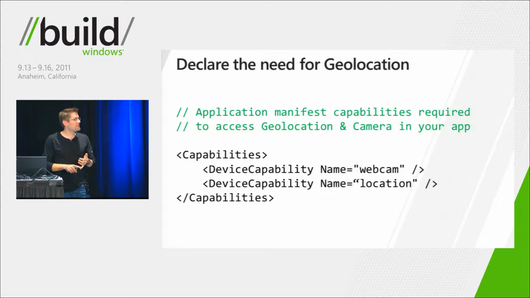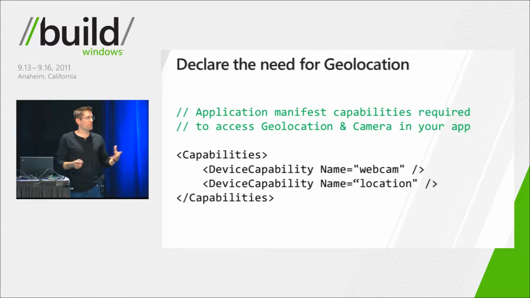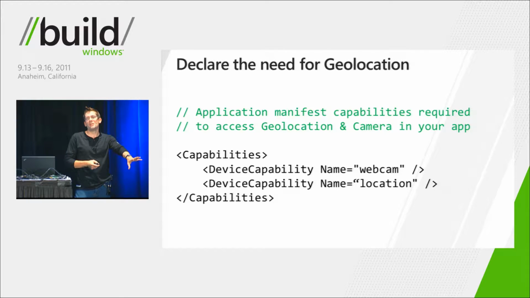We need to declare these capabilities because the webcam exposes sensitive information, and so does location. So in order to interact with Windows and the store, we need to have these capabilities declared up front. And I'm showing you XML here. Visual Studio 11 actually provides you with a UI to configure your project where you can just check boxes for the capabilities that your app uses.